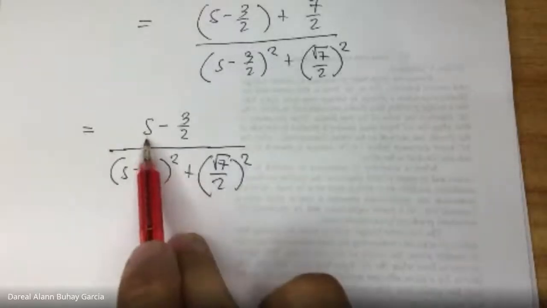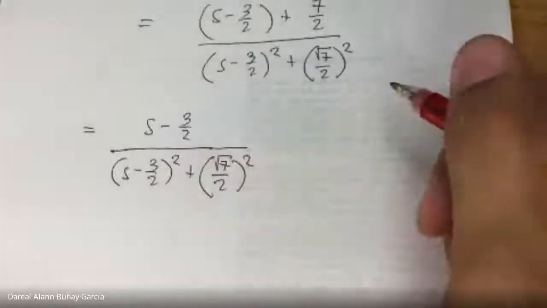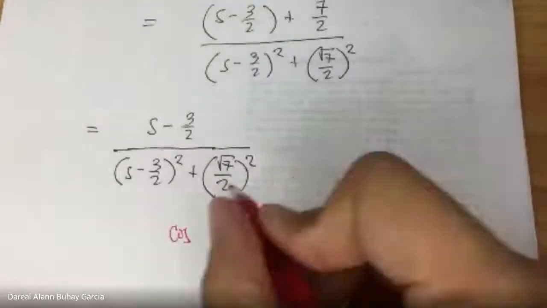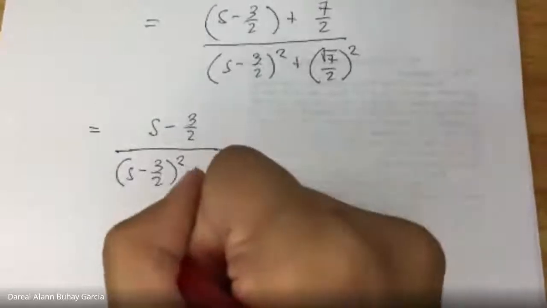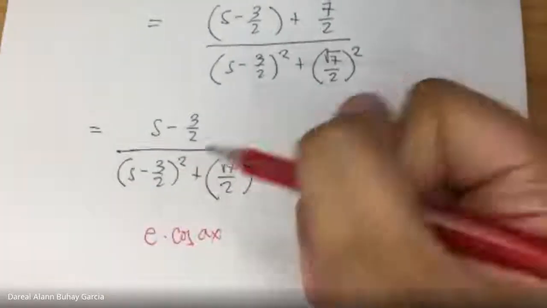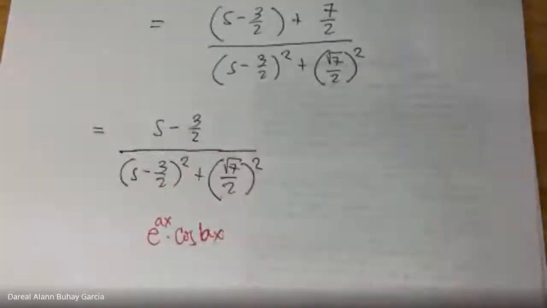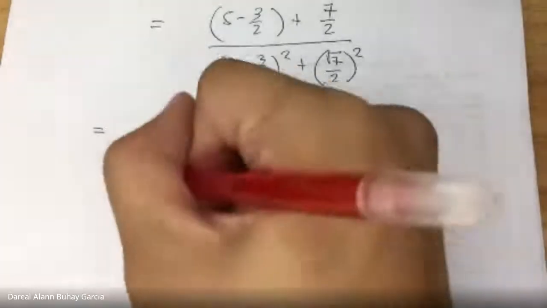Kay S-man. Ma-anticipate ta nga ang iyang final answer is cosine something something, no? Cosine AX, then multiplied by e to the something.